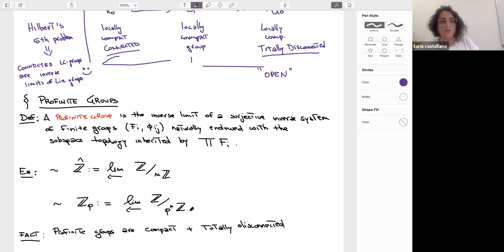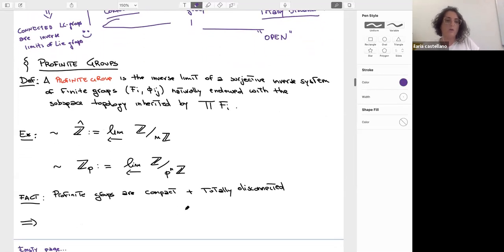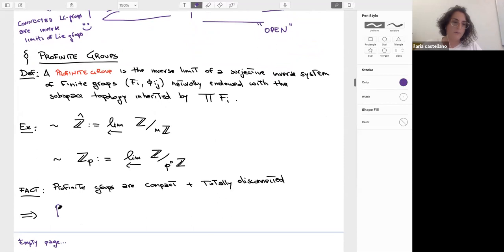In the next lecture, I will prove one of the main theorems about the theory of totally disconnected locally compact groups. And thanks to this theorem, we will prove that profinite groups are actually the compact case.